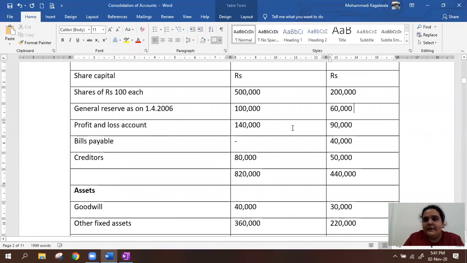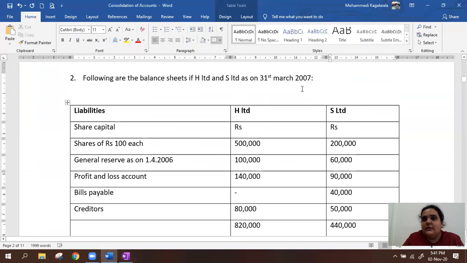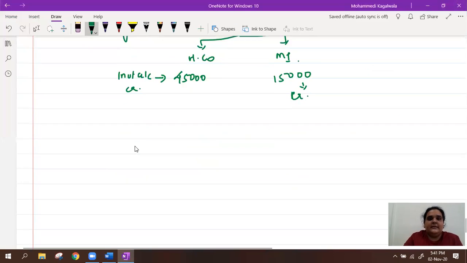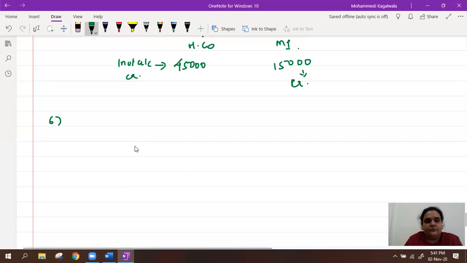Now the last, profit and loss account of subsidiary is 90,000. That is as on 31st of March 2007. But when the opening balance is given to me, I have to understand that this opening has to be pre. Okay, profit and loss account. Opening balance is given to me as rupees 50,000.